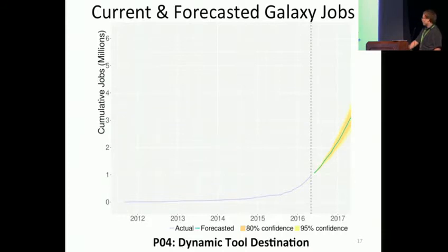So for ways that we're trying to optimize our cluster resource usage, you can check out poster 4 on a tool called dynamic tool destinations, where we're trying to associate resources required by a tool with the actual input file sizes.